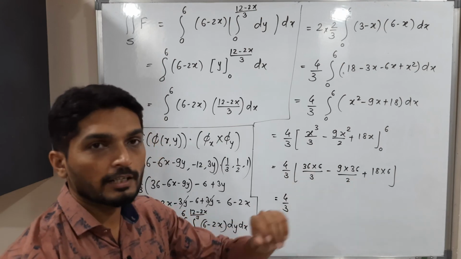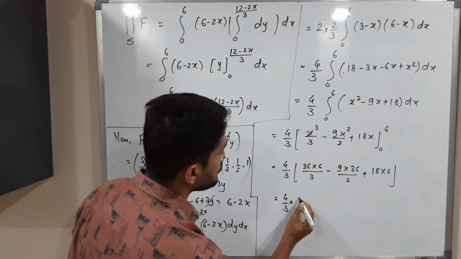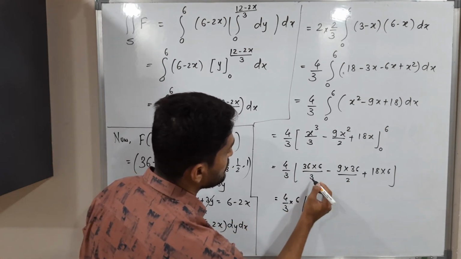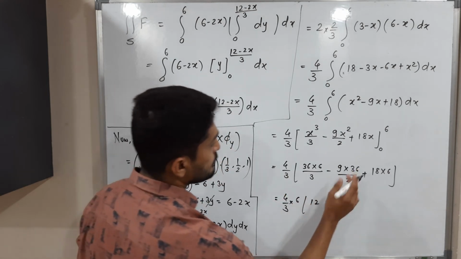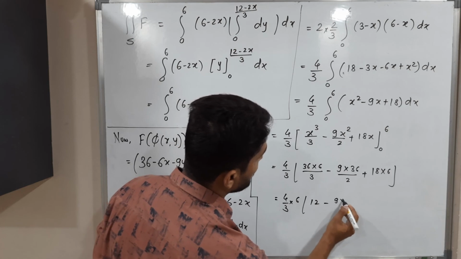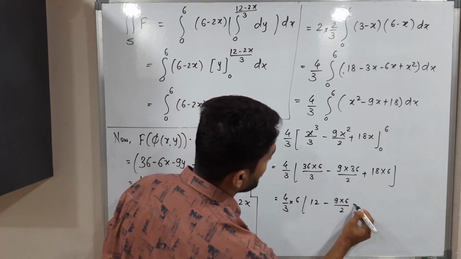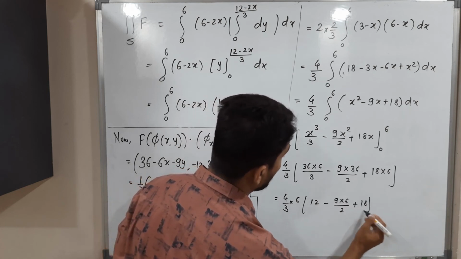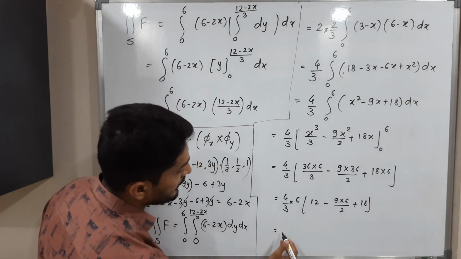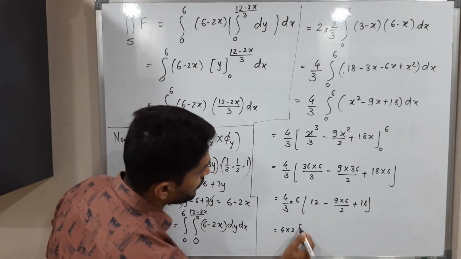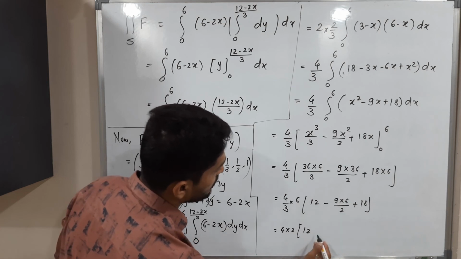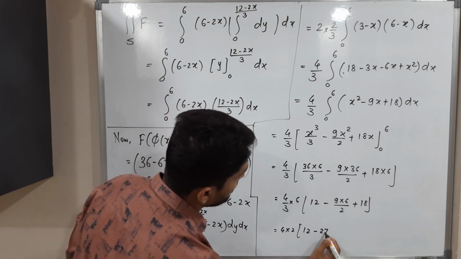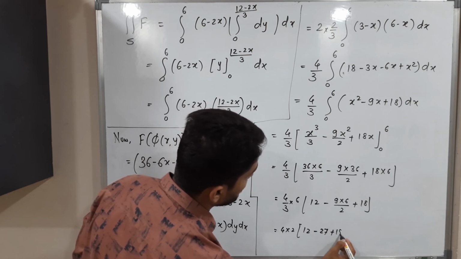Yes, definitely we can take 6 common from everywhere. So 6 I am taking common. So 36 by 3, that means it is 12. Here I am taking 6 common, that means 9 into 6 by 2. Here also I am taking 6 common, that means simply 18. So here 3 will get cancelled, 4 into 2, okay. So 12, here 2 to cancel, that means 9 into 3, 27, and this plus 18.